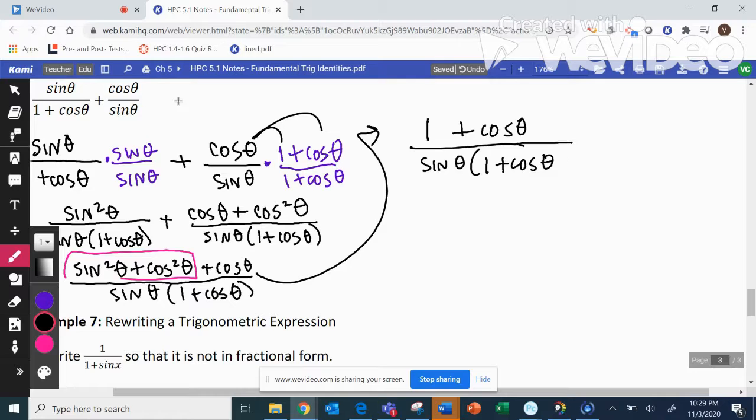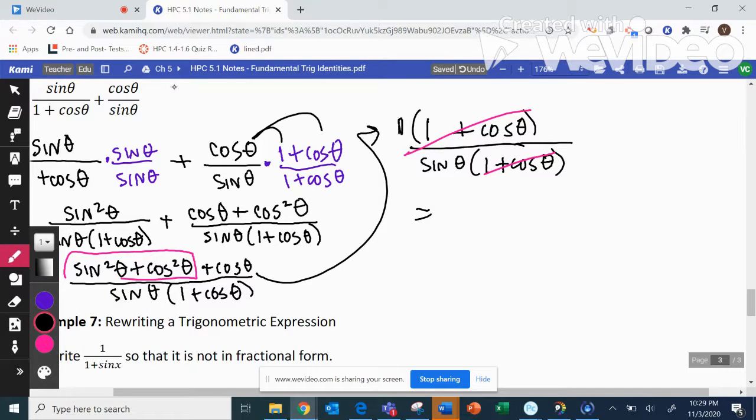Now, right here, I am very glad I did not distribute the sine theta on the bottom, because on the top, the entire numerator is 1 plus cosine theta. And then I have a factor on the bottom that is 1 plus cosine theta. So those will cancel each other out.